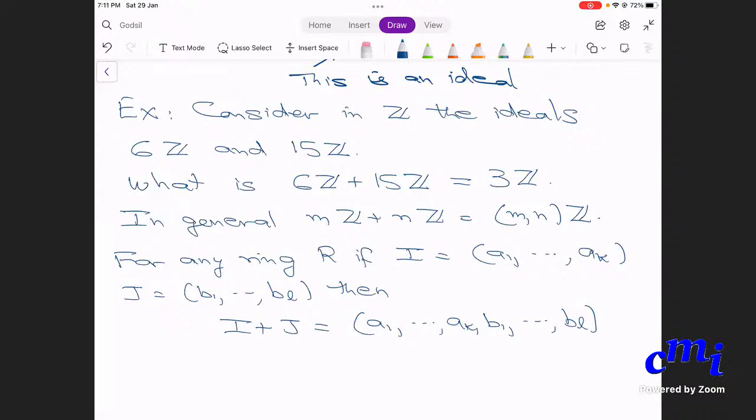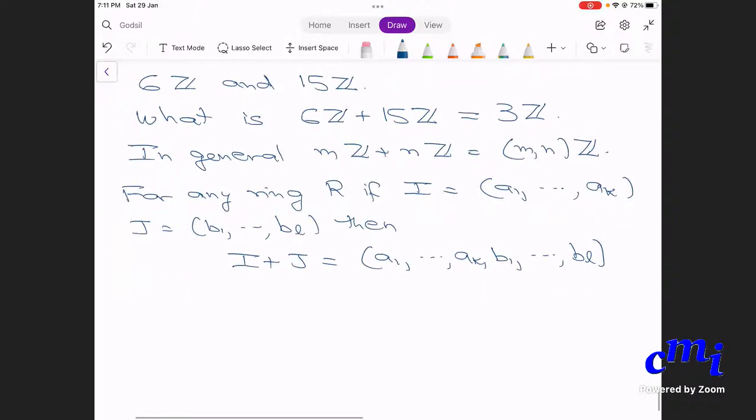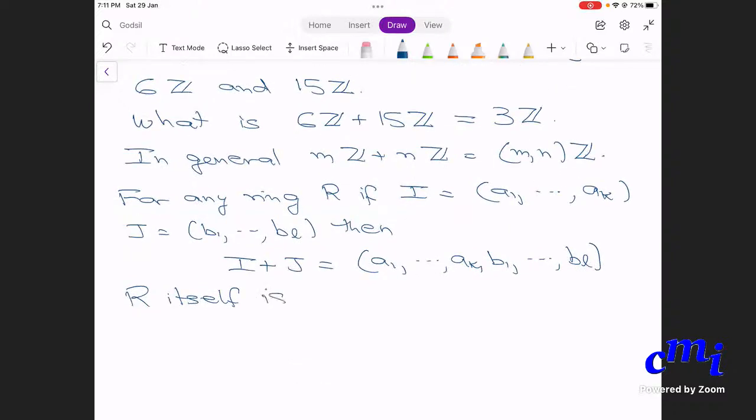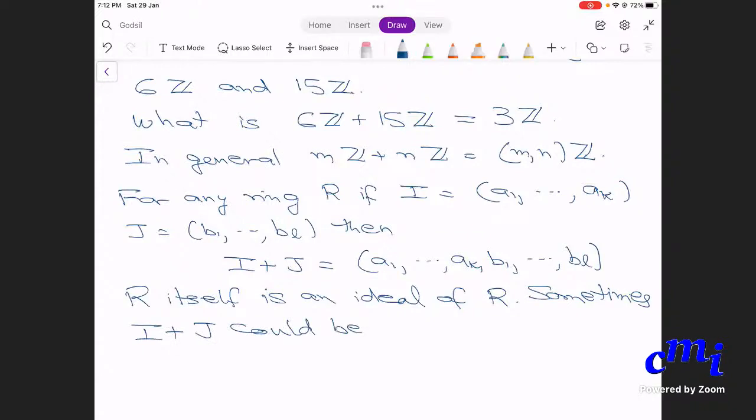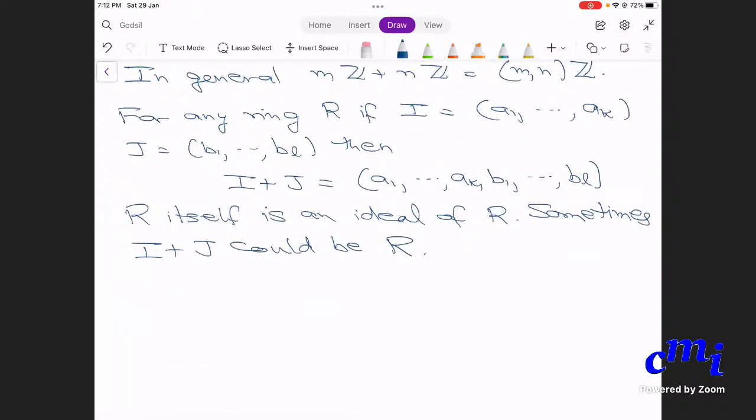Sometimes it could happen that the sum of two ideals is the whole ring R. Remember that the whole ring R is also an ideal. So R itself is an ideal of R, and sometimes I plus J could be the whole of R. For example, 2Z plus 3Z, as I just said, is generated by the GCD.